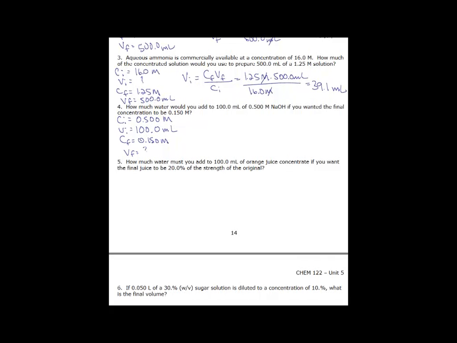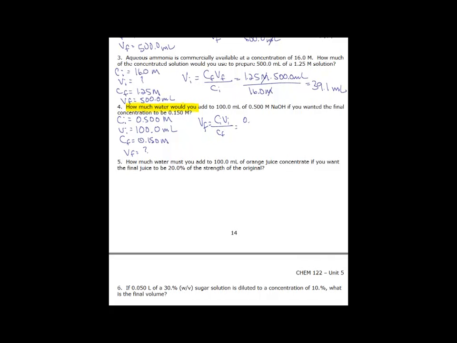Okay, so carefully read this question. How much water would you add? It didn't say what is the final volume. Before we can figure out how much water we would add, we have to figure out the final volume. So we're going to solve for the final volume. So CI VI over CF.